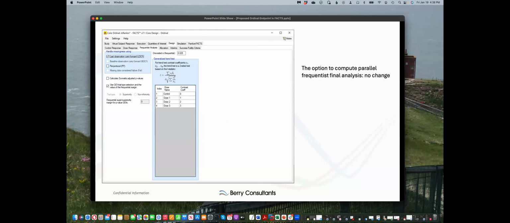Now, frequentist p-values can be calculated as quantities of interest and used also for decision making within the simulations. There's a lot less need for this parallel frequentist analysis, but it's still there at the moment, and we'll be consistent and include it for ordinal.